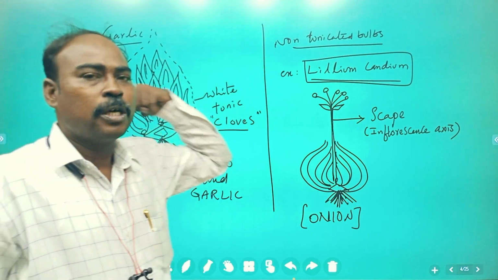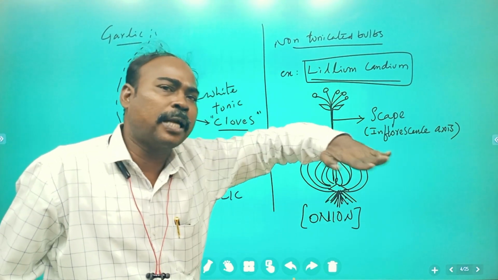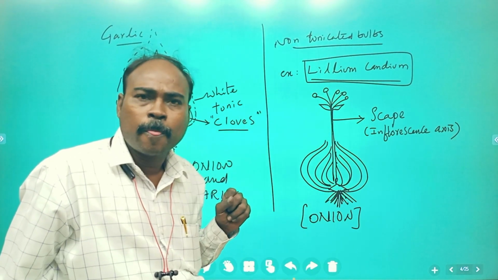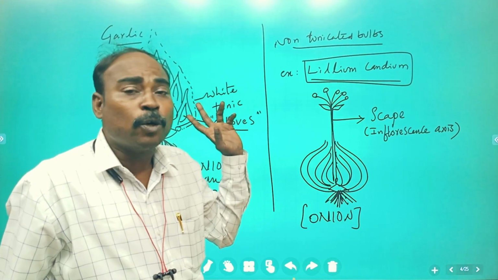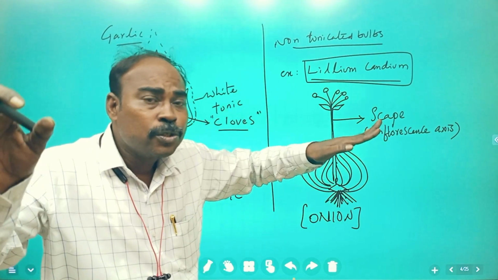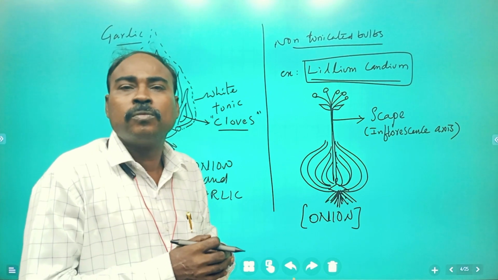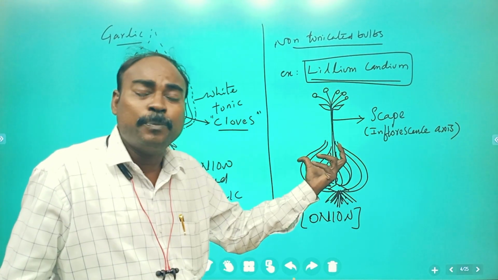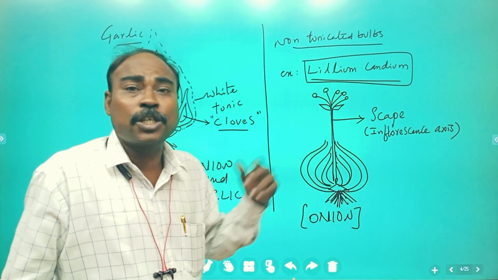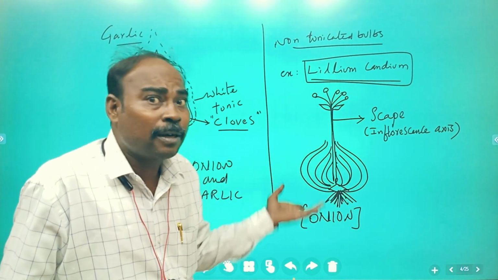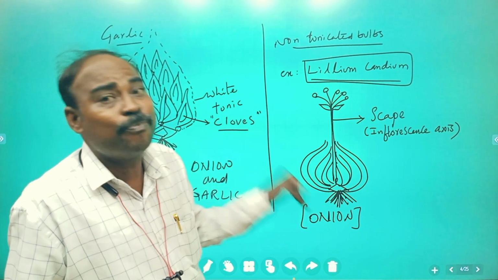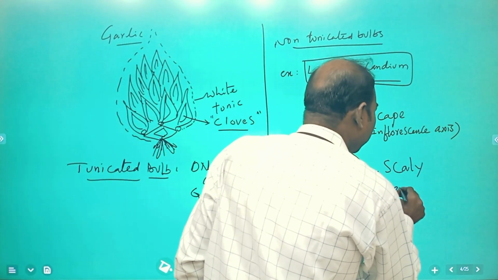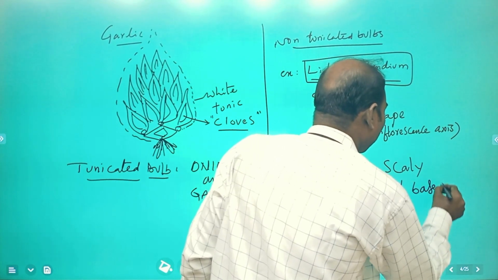So let us refresh. A rhizome is a horizontally growing underground stem. A corm is a vertically growing underground stem. Then stem tubers are underground branches that store food in their tips, and no roots are there on them. In bulbs, the underground stem does not store food, but the underground scaly leaf bases store the food.